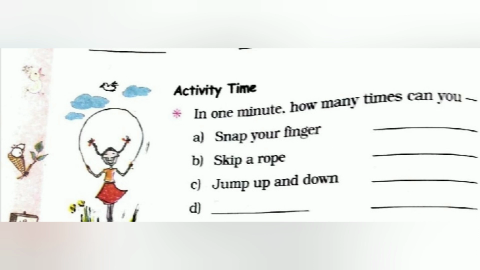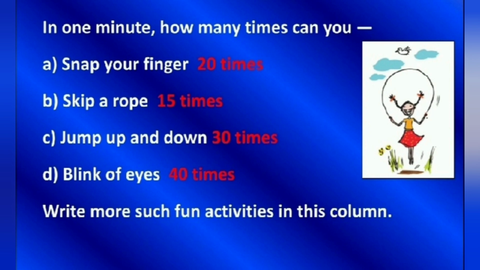It is once again 30 times or more than 30 times in a minute. Now, blink of eyes. Yes, I can blink 40 times or more than 40 times sometimes. You can write more such fun activities in this column, and you can add them in your notebook as well.